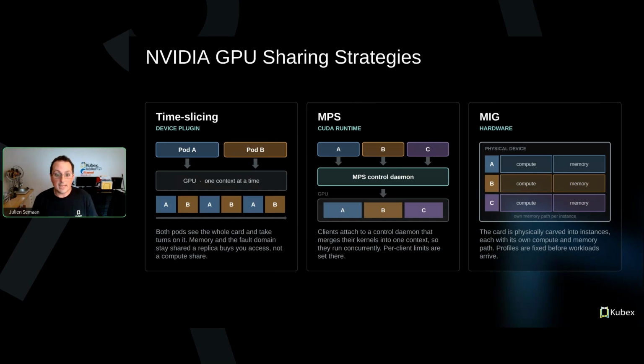MIG goes at the opposite end and divides the kitchen into completely separate stations. Think of it like a cooking competition where each participant gets their own little dedicated station in the big kitchen. Translating that to GPUs, each workload receives dedicated compute and memory resources that the others cannot consume. But the big trade-off that we have to make here is that the station sizes are fixed before the workloads arrive, and changing the size of those stations is not trivial.